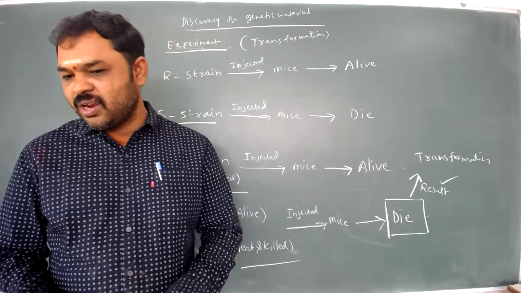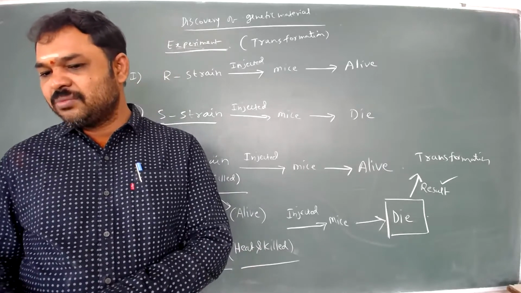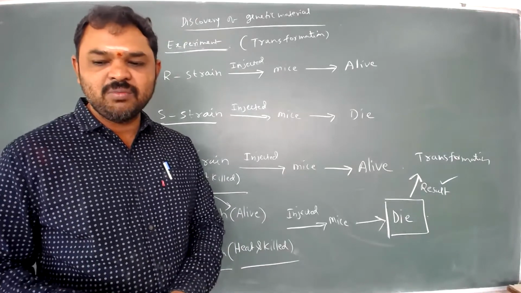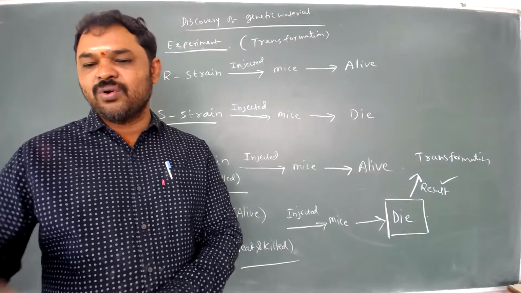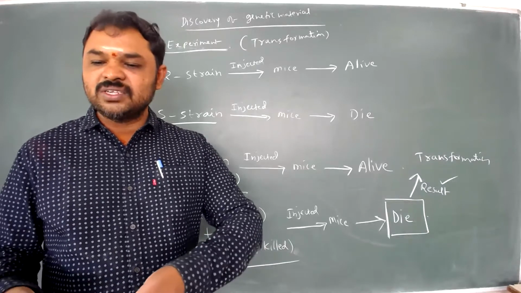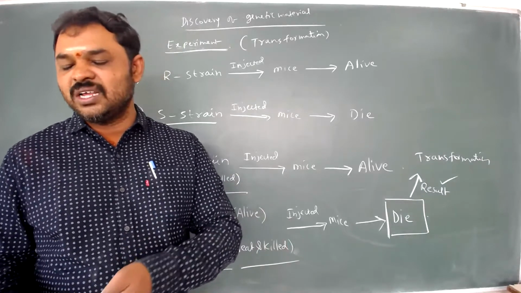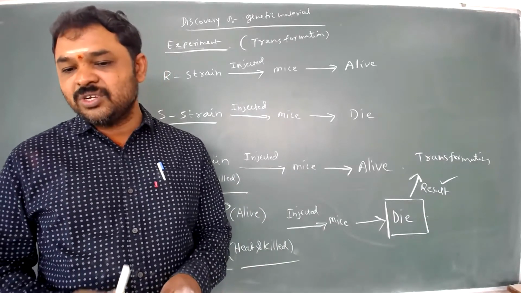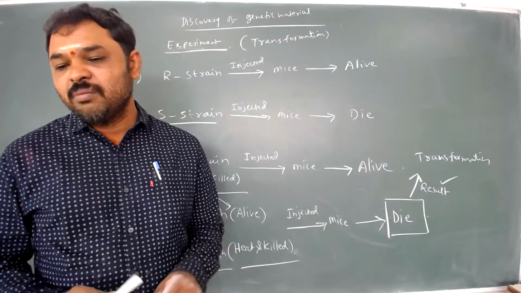Transformation is not applicable to all cells, only to bacterial cells. It is not applicable to other cells. In the presence of other cells' DNA, a cell may not be modified. The transformation nature is applicable to the bacterial cell.